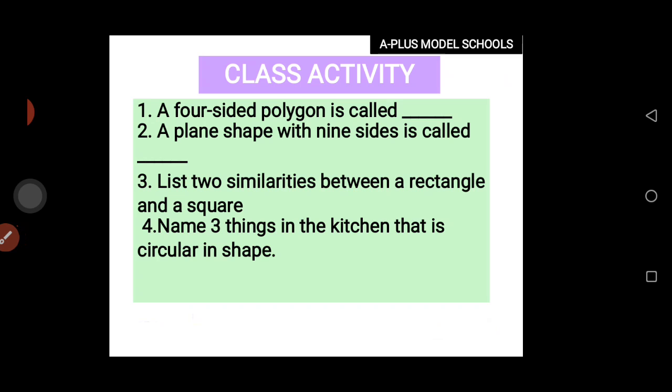So here, you just fill in the answer. 2, a plane shape with 9 sides is called dash. Then number 3, list 2 similarities between a rectangle and a square. It means list 2 things that are common between a rectangle and a square. It means what you can see in a rectangle and you can also see in a square. Then the last question, number 4, name 3 things in your kitchen that are circular in shape.